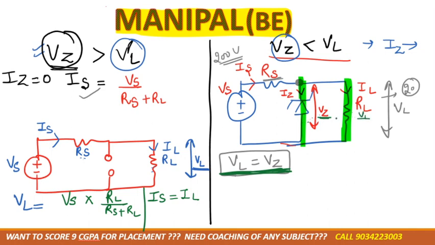Both these things are connected in series or in parallel? If they are connected in parallel, the voltage is same or different? Same. So can we say that VL is equal to VZ because they are both in parallel?